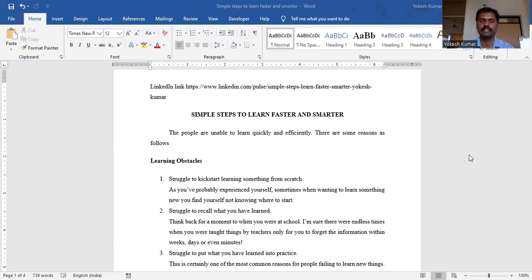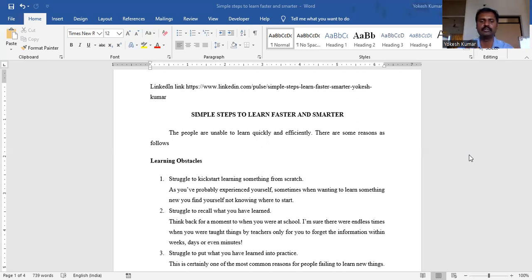So the first obstacle is struggling to kickstart learning something from scratch. So what is this? Maybe you have probably experienced yourself sometimes when you want to learn something new. It is very difficult to find where to start. Okay. Because of the scattered information, scattered data.